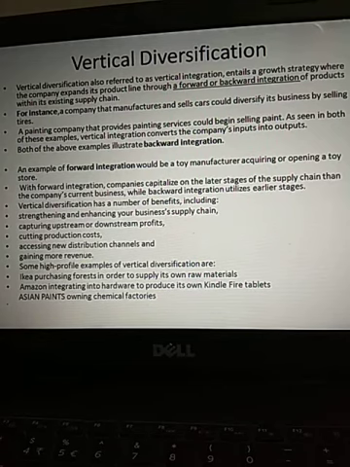So what is the best example for forward integration? A toy manufacturer opening a toy store. So with forward integration, companies capitalize on the later stages of the supply chain than the company's current business, while backward integration utilizes earlier stages.